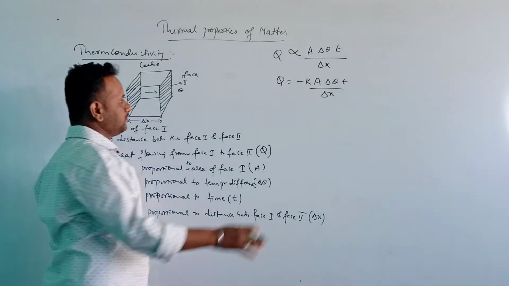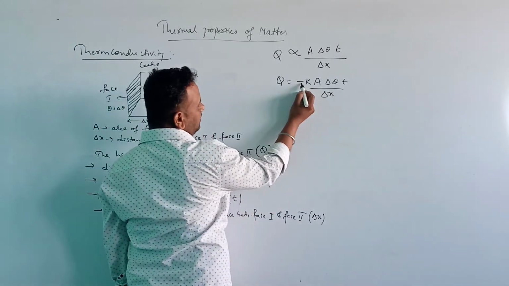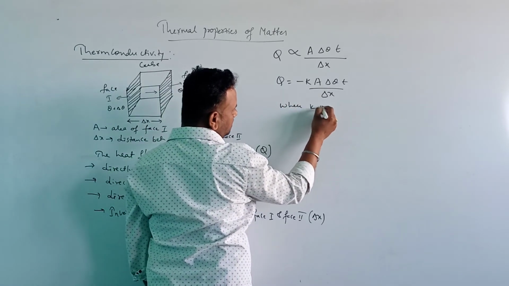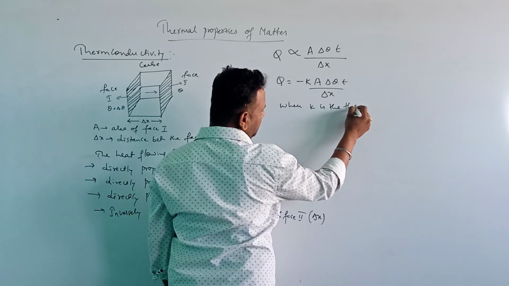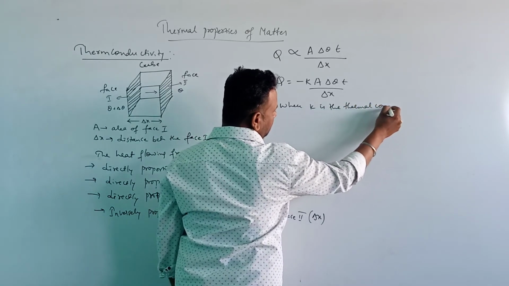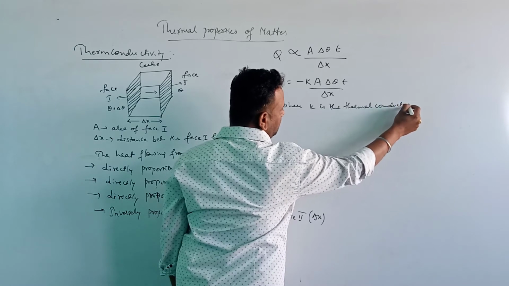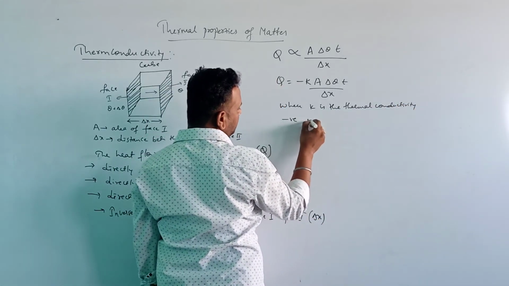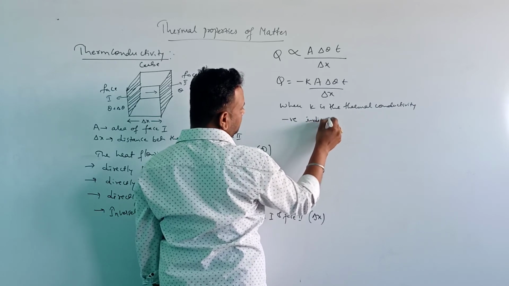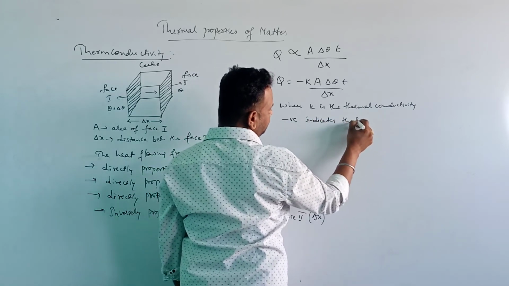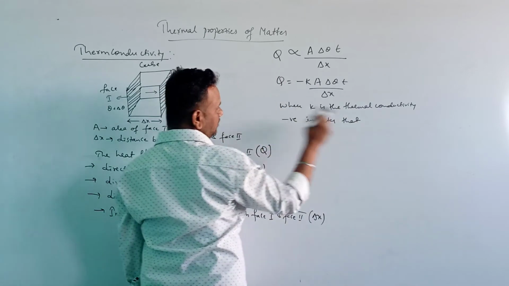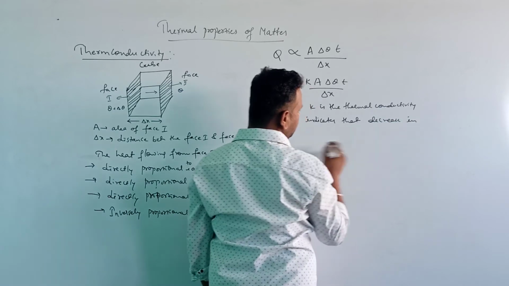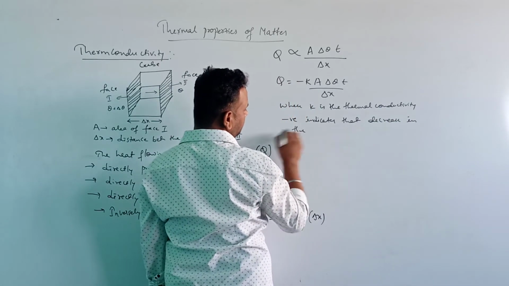Okay. Now this negative sign, where k is the thermal conductivity. K is the thermal conductivity, and here the negative sign indicates a decrease.